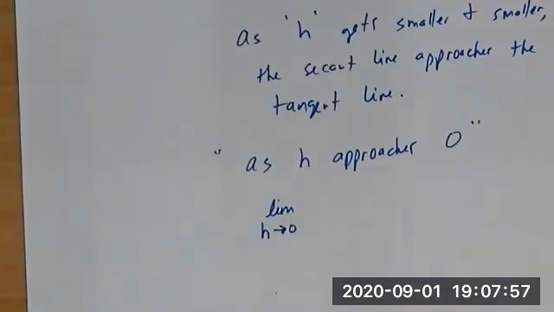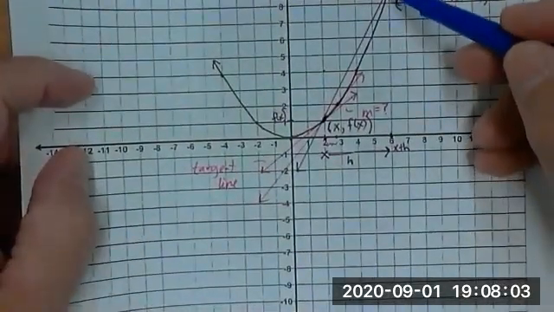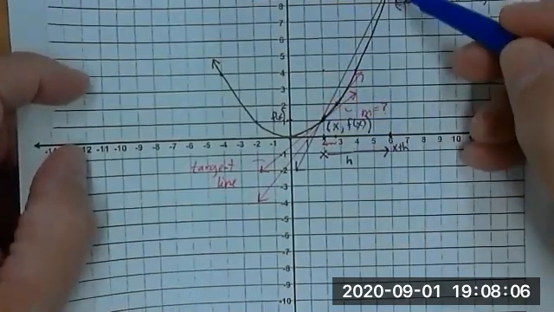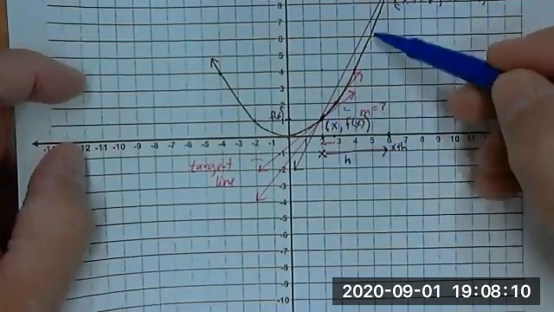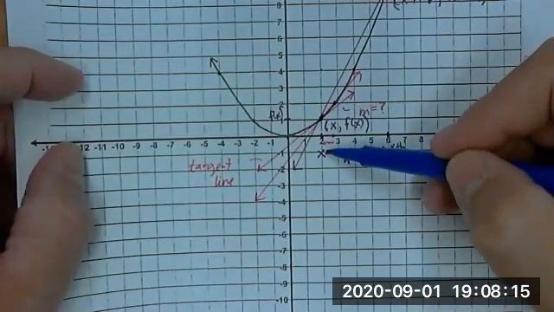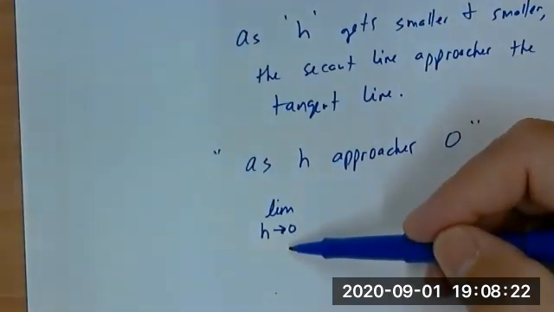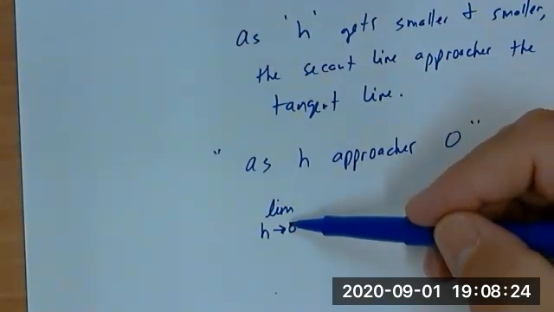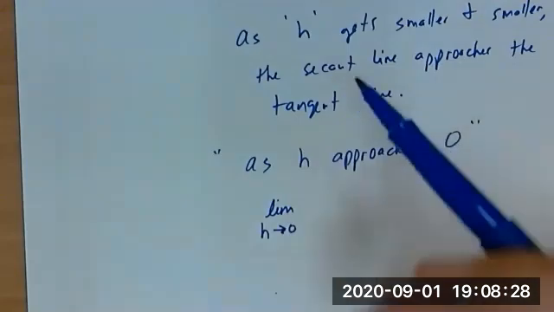This is what I want to happen, because my big goal is I want my original point and my second point to be as close as possible. For those two points to be as close as possible, I want h to be as small as possible. What I really want is h to be really, really close to 0. And the reason we call it a limit is because h can never equal 0.